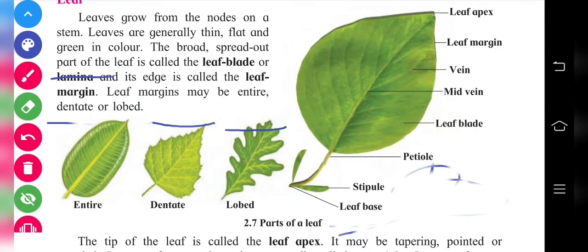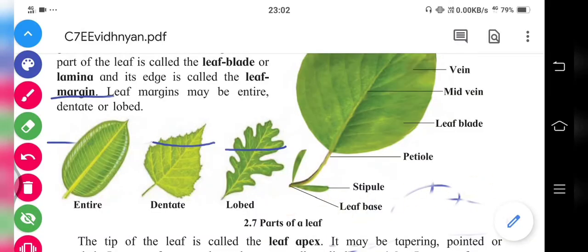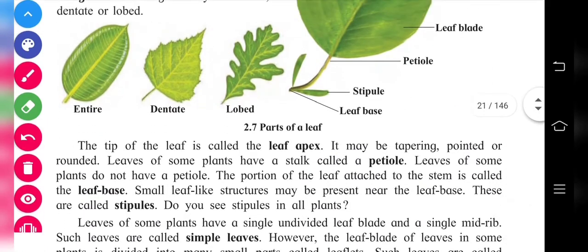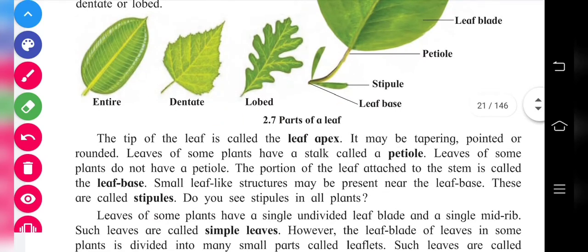Here are the leaves of different plants, with different parts of their structure shown, such as entire, dentate and lobate leaves. The tip of the leaf is called the leaf apex.